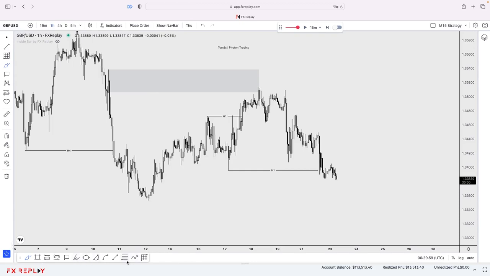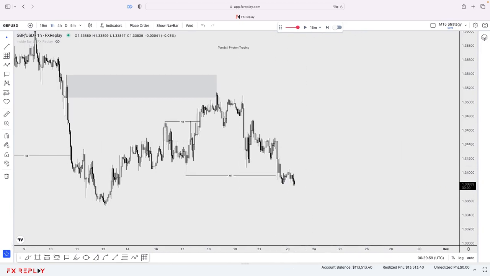The H4 objective was essentially to mitigate the POI. H1 BOS bearish, so now I want a pullback to continue down. Which POIs will I be looking to trade? We have this, the big one, okay, assuming this is an H4 as well. We have this one, because we have inducement below.